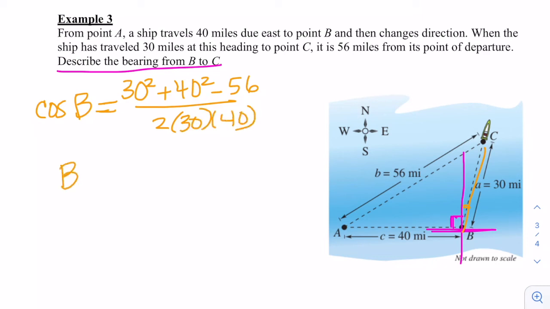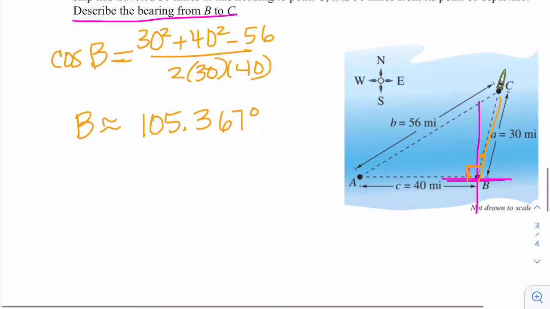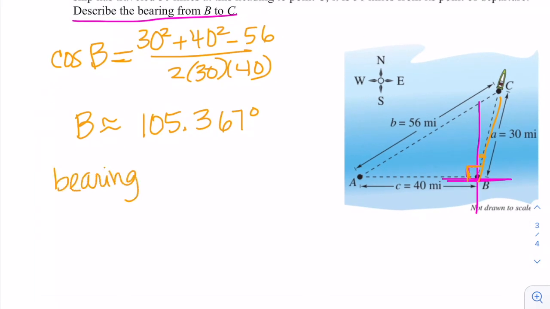So B is approximately 105.367 degrees. But remember, we want to take away 90 to get that bearing. So when I subtract 90, it will be about 15.367.